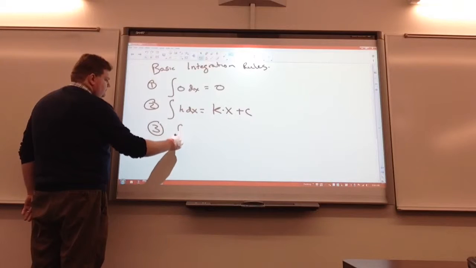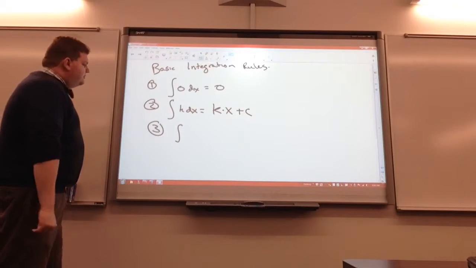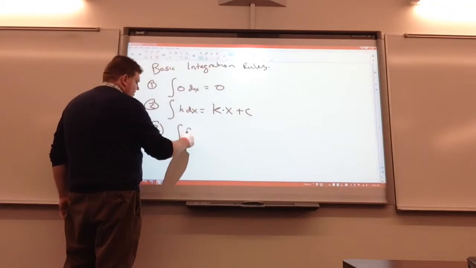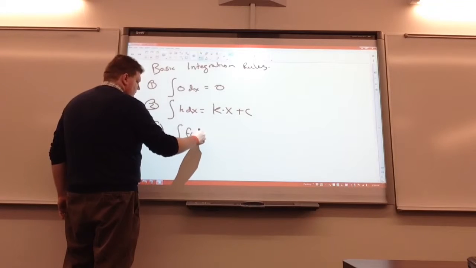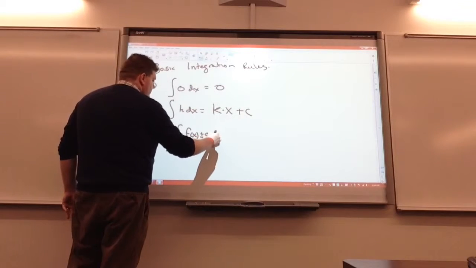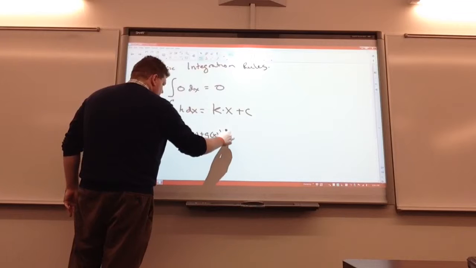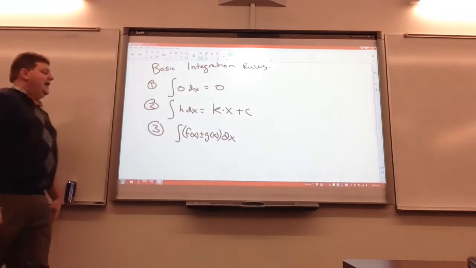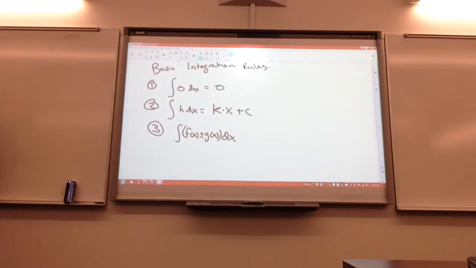Next one, the integral of two functions being added or subtracted splits apart just like derivatives do.